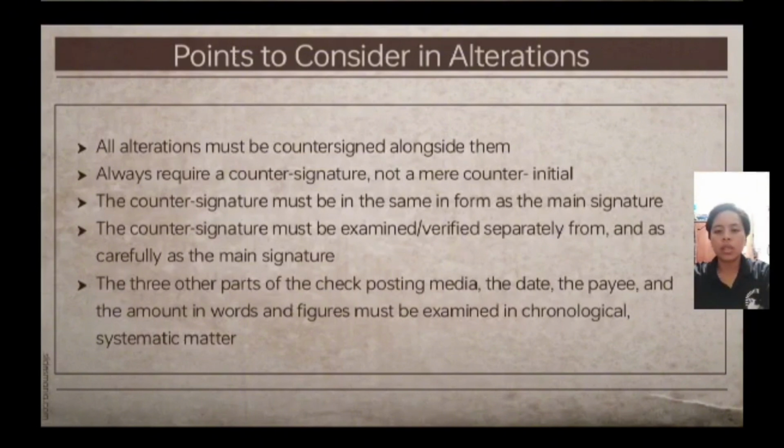Next, the countersignature must be examined or verified separately from and as carefully as the main signature. And then the last is the three other parts of the check, the date, the payee, and the amount in words and figures, must be examined in chronological systematic manner. And that's all.